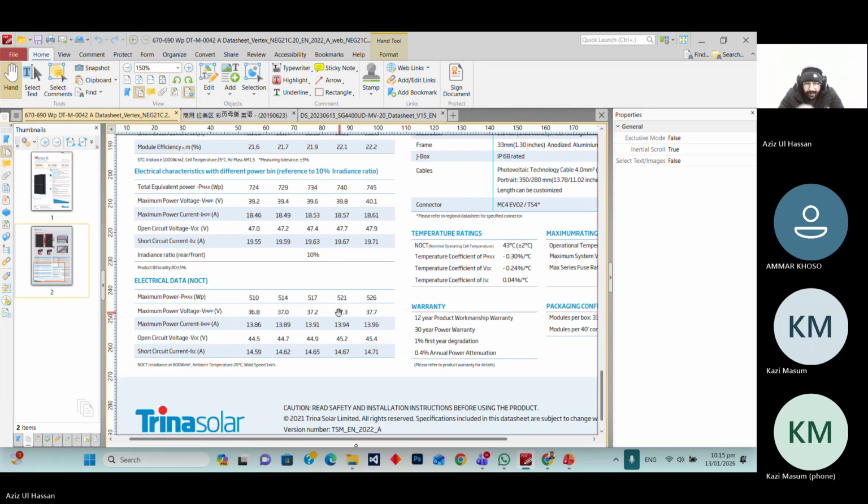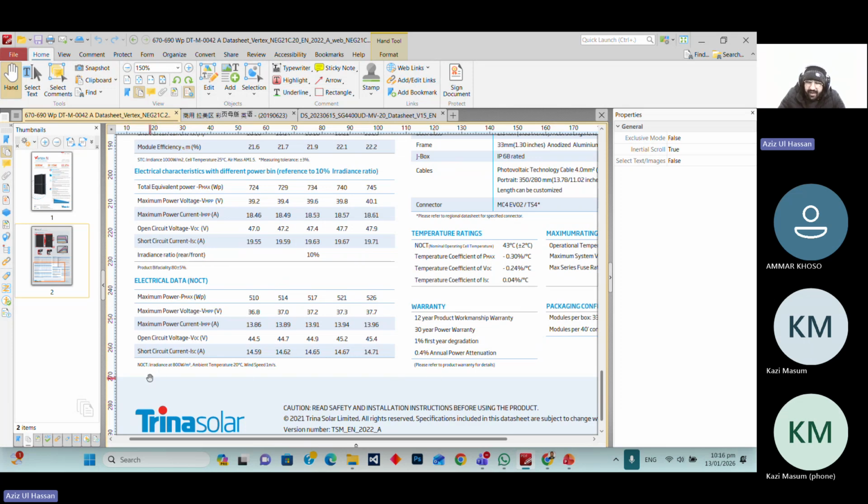And then there is the bifaciality factor, 5% for this product. This is the NOC, normal operating conditions. Some vendors are not providing these values, and we don't know their basic criteria.